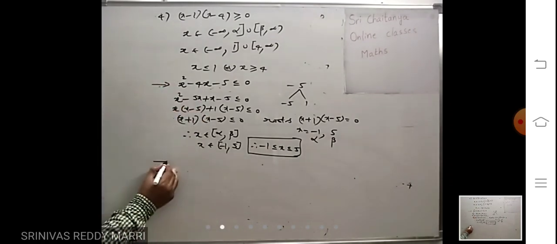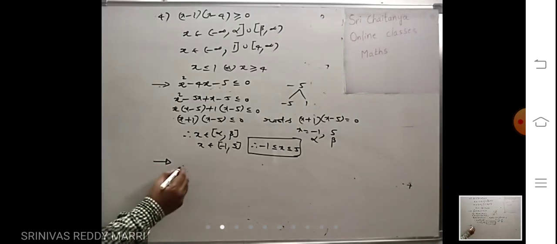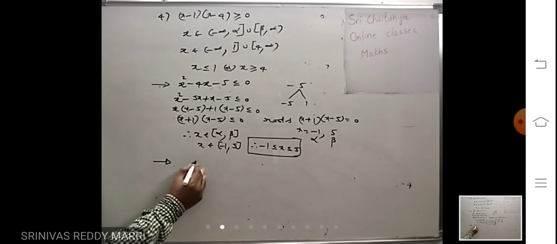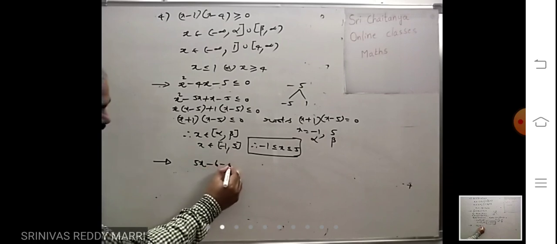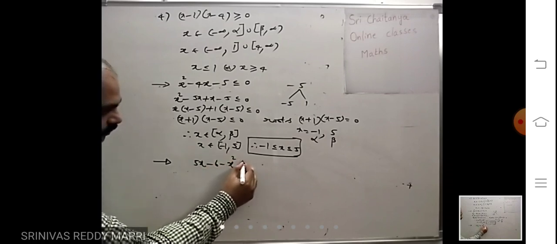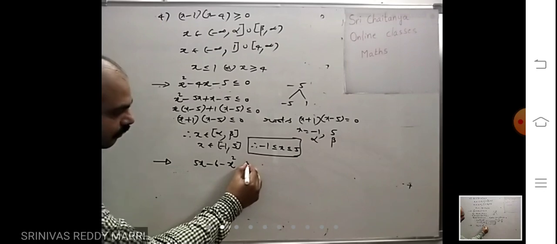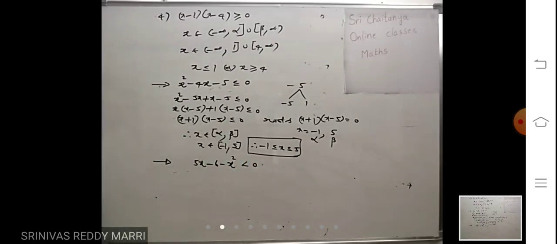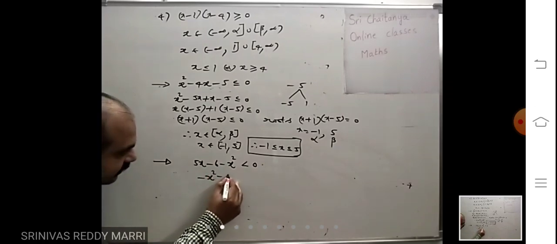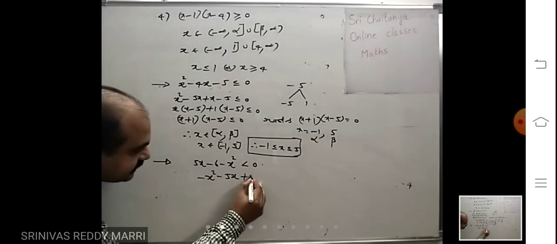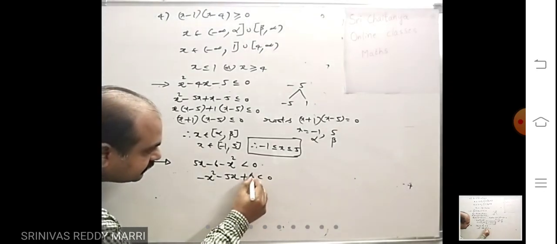Right? Suppose take the next question. Look at less than 0. Like this it is given. Okay? Like this it is given. Right? Now if you look at the quadratic, how it is? Minus x square minus 5x plus 6 less than 0.